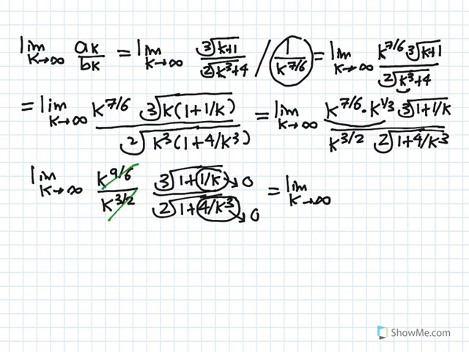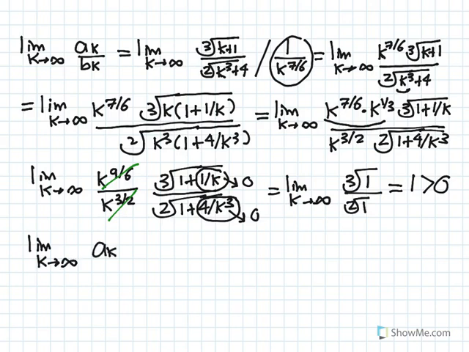So what we have is third root of 1 divided by second root of 1, and that's equal to 1, which is greater than 0. So we have shown that the limit as k approaches infinity of a_k divided by b_k is equal to 1, a constant; it exists and it's larger than 0.